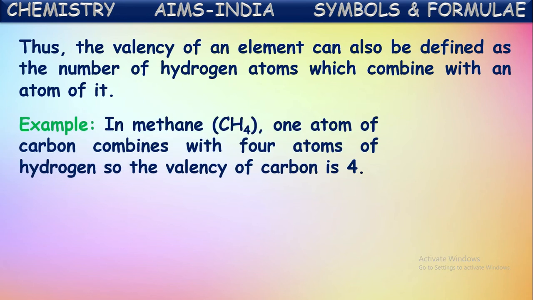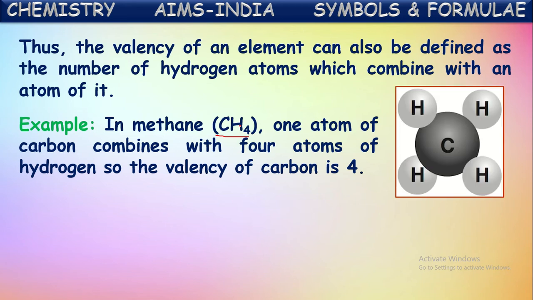Let us see an example so that we can understand. Methane is a chemical substance with the molecular formula CH4, which means one carbon atom is combined with four hydrogen atoms. So in the methane molecule, one atom of carbon combines with four atoms of hydrogen.